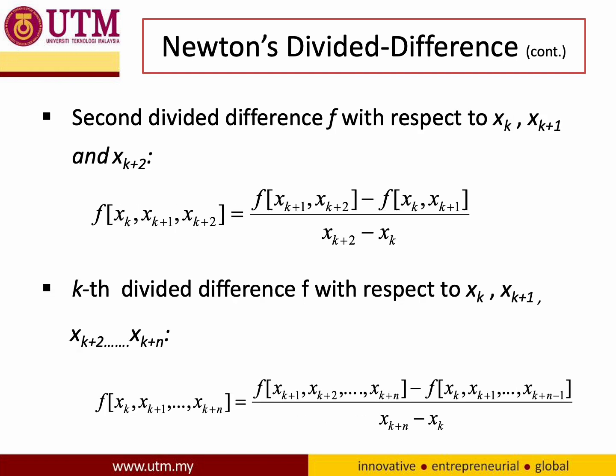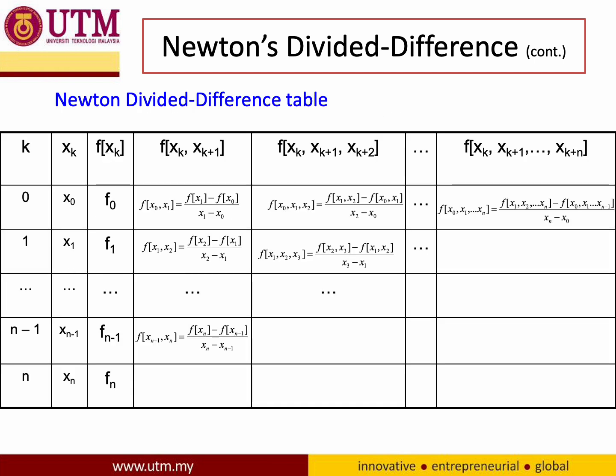Okay, as I mentioned before, this is the equation for the second divided difference. You can see here, it will continue until the nth, depending on how many points we have. If you have until 4 or 5, we need to find the divided difference for each column. So you can see here, the table is quite similar to the Newton forward and Newton backward.